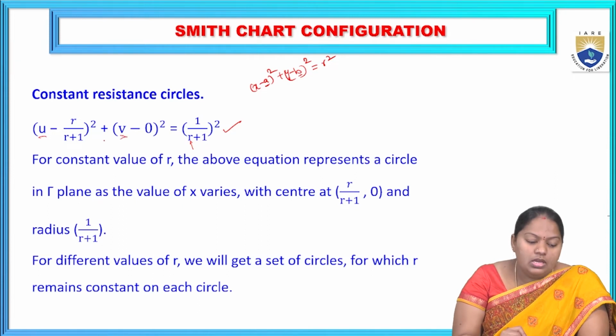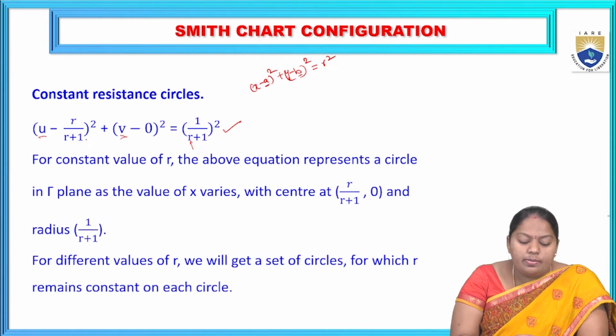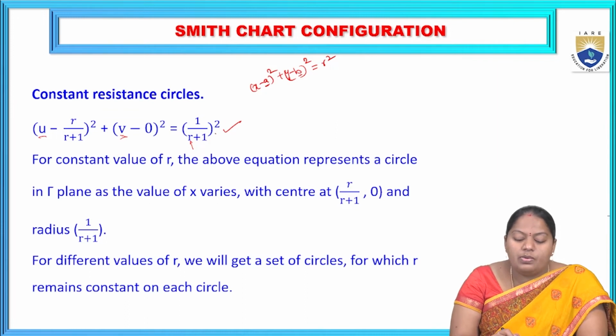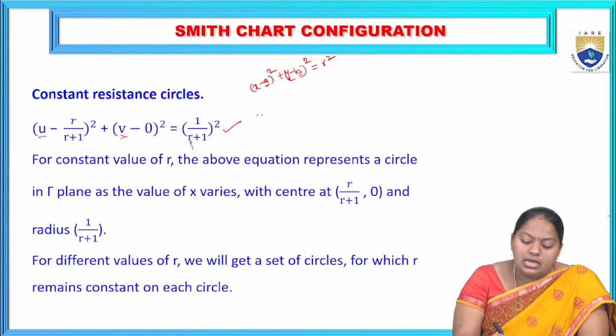So (u minus r by r plus 1) whole square plus (v minus 0) whole square equal to (1 by r plus 1) whole square. In place of r square, here we have (1 by r plus 1) whole square. From this, the radius is given by 1 by r plus 1 and the center is given by r by r plus 1 comma 0.